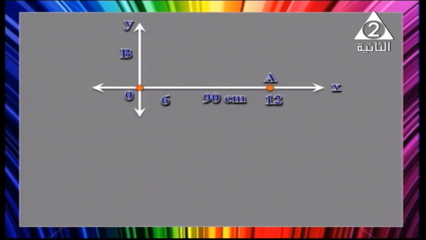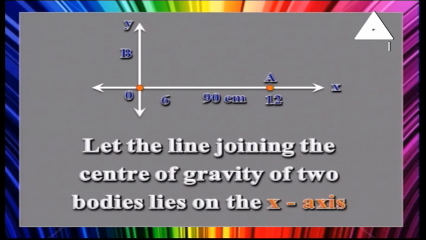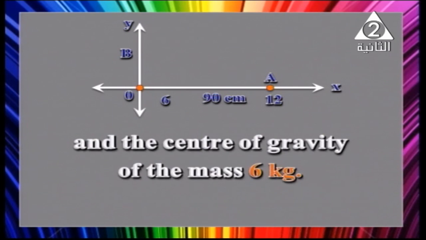Look at the line that joins the centers of gravity of the two bodies; it lies on the x-axis, and the center of gravity of the mass 6 kilogram lies at the origin point 0, 0.